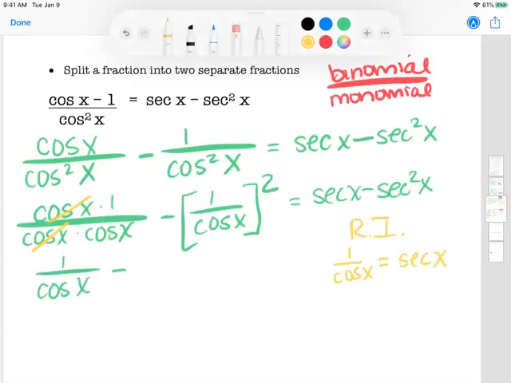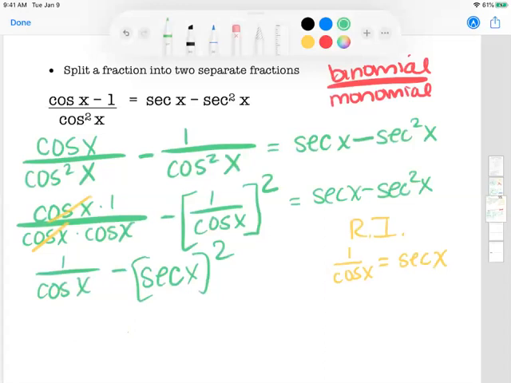All right, so I'm going to change what's within my brackets here to secant x squared. Then I am going to apply that same reciprocal identity again to the first term.